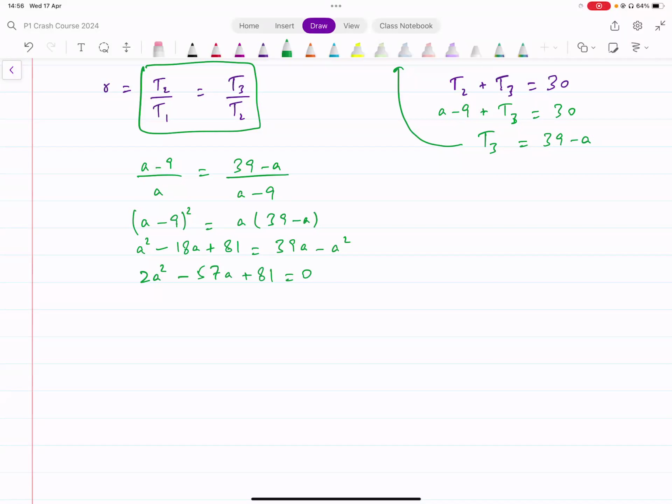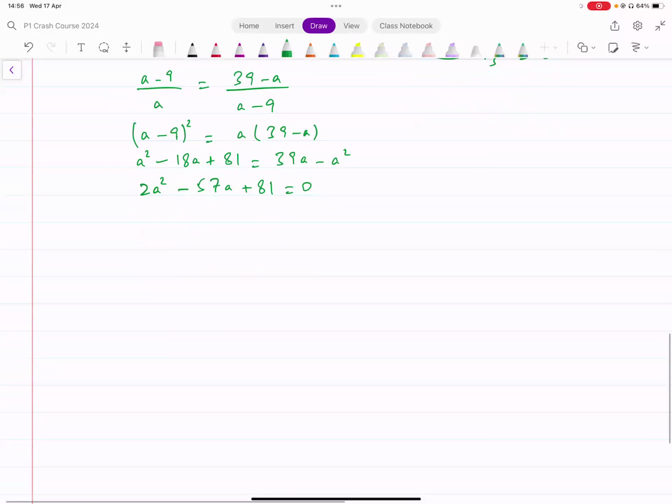Now, can we factorize this? 2 into 81, that's 162. And we have 57 here. We need to add something. 50 into 7 is going to be too big. 52 into 5 is not that. 54 into 3. 54 and 3, they work. So we can say 2A squared minus 54A minus 3A plus 81 equals 0.